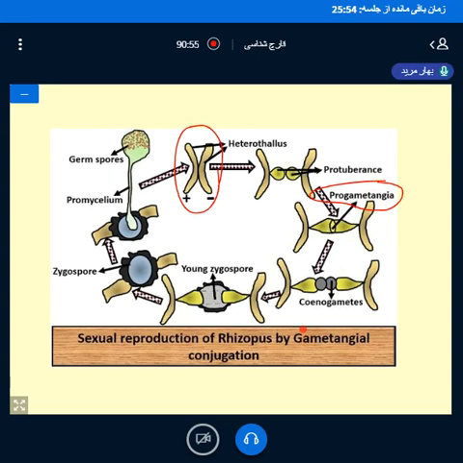After conjugation, the young zygospore is produced, and after germination, the zygospore forms a promycelium. The sporangia arise from the zygospore and produce aplanospores.